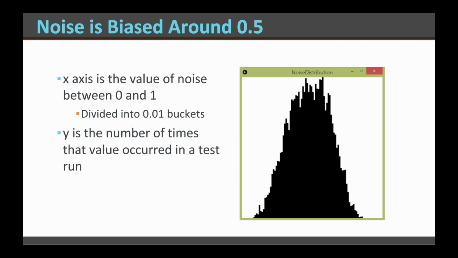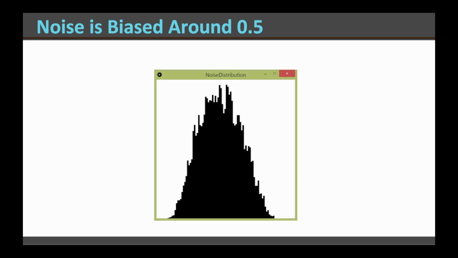So here, we're going to actually look at our noise functions with this to see what we can find. So in this case, if we have a graph that looks like this, it means the noise is biased around 0.5, right? It's highest. Those black bars are highest right around the middle of the graph, right? And this is sort of like a bell curve, like it had been mentioned.